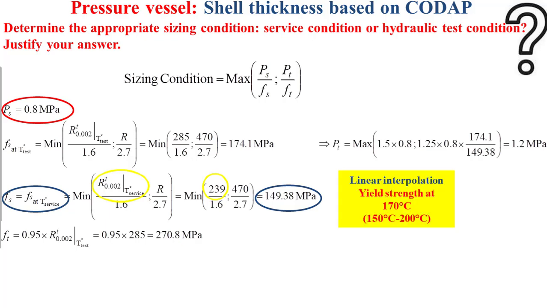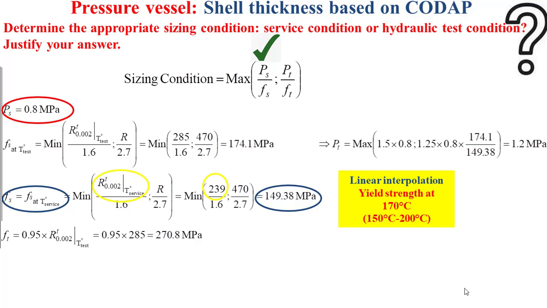This value is obtained as a linear interpolation between 150 degrees Celsius and 200 degrees Celsius at the temperature 170 degrees Celsius, as I explained in the previous slide. Now we have PS and Fs, so we can determine PS divided by Fs.